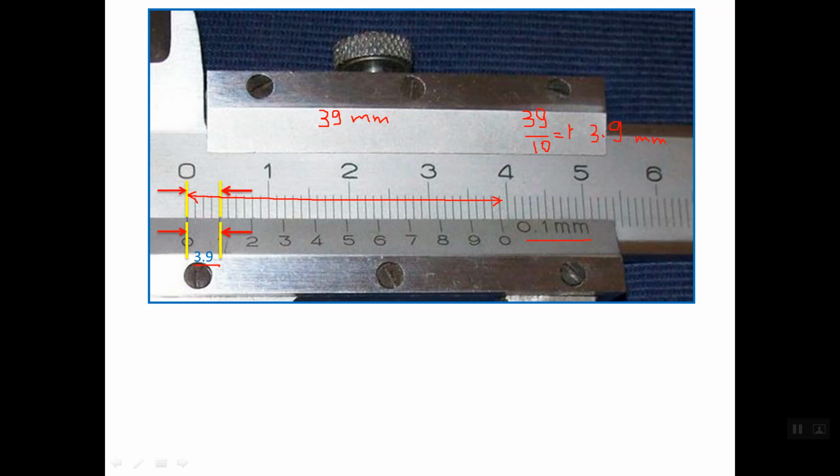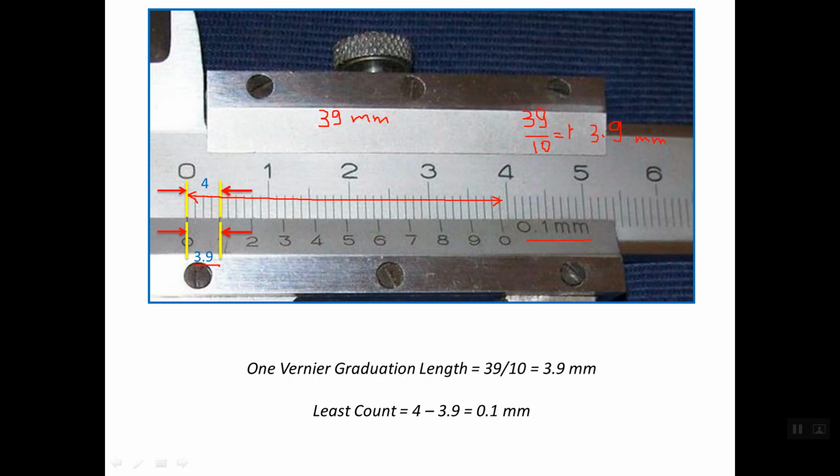And regarding the distance on the main scale between the 0 line and line number 4, this distance is simply 4 mm. So the least count is the difference between these two distances on the main scale and on the vernier scale.